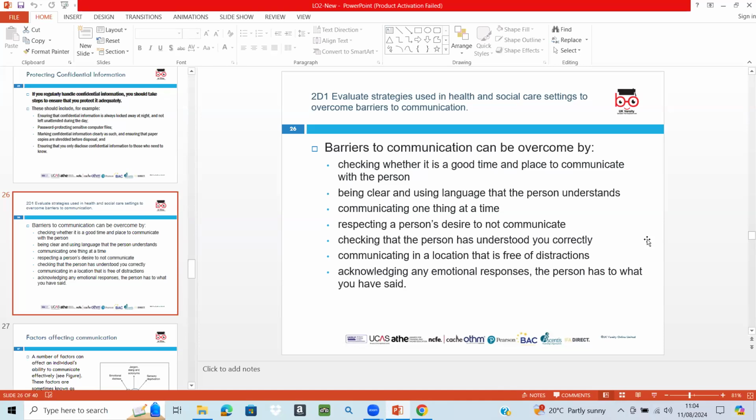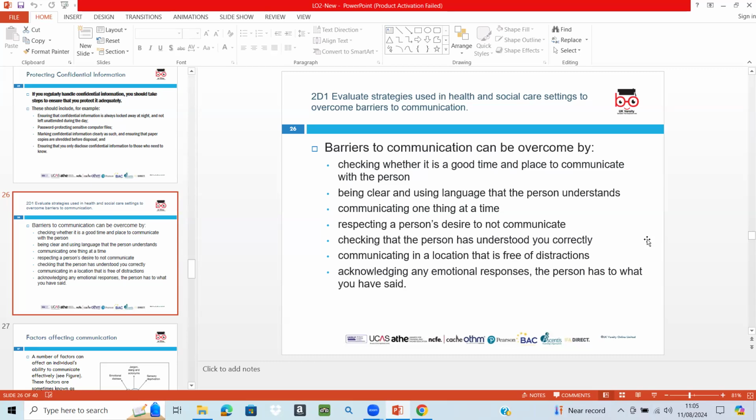Instead, we need to choose a quiet, private space where the service user feels comfortable and is more likely to engage. Then we have be clear and use language the person understands. It's important to tailor our language to the service user's level of understanding. For example, use simple, straightforward language when explaining a diagnosis, avoiding medical jargon that could confuse them.